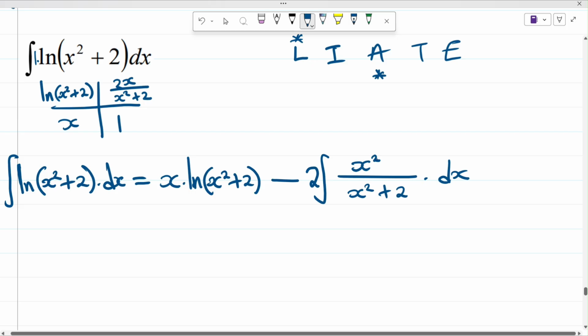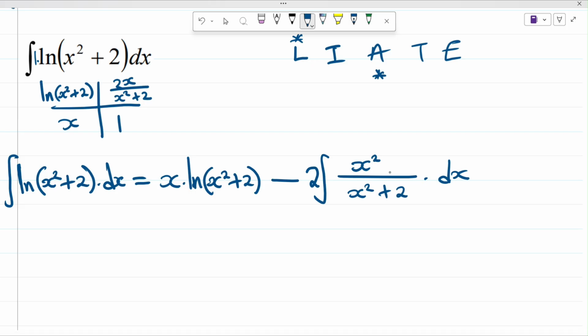x squared, right? So for me to be able to integrate this, I need to use a method. Since I told you that I'm going to use the method of cooking, I'm going to say plus 2 minus 2 here on the numerator. Then I do the splitting from there. So now let me copy down everything.